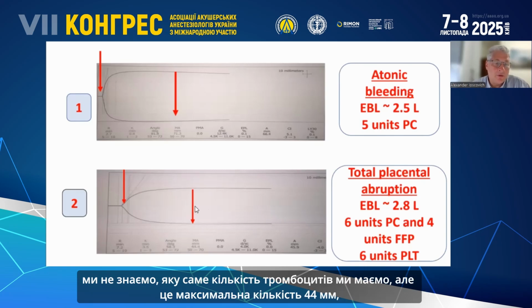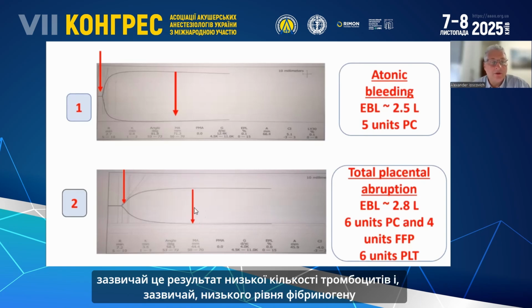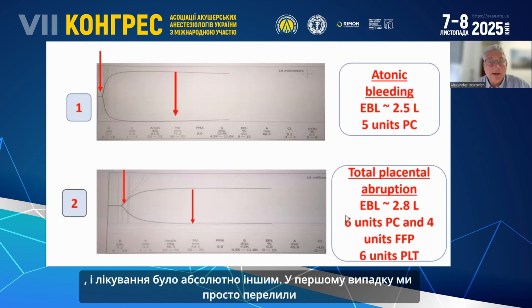Now we don't know exactly what platelet number we have, but this 44 millimeter maximum amplitude is usually the result of a low platelet number, and usually with a low fibrinogen level. And the treatment was absolutely different.